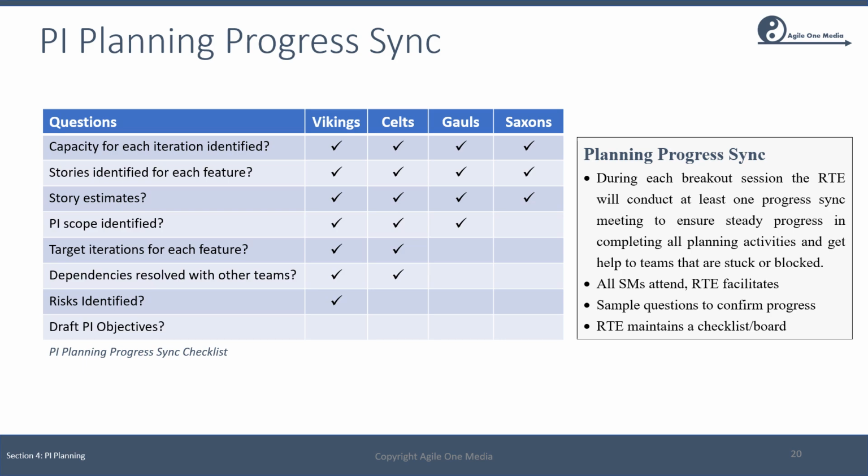So we're now able to do the ART planning board, dependencies resolved between teams, risks, and then finally draft PI objectives have been done. So we can do this once or a number of times throughout the breakout sessions, and it gives the opportunity to find if we are stuck and to get help for teams that may need help.